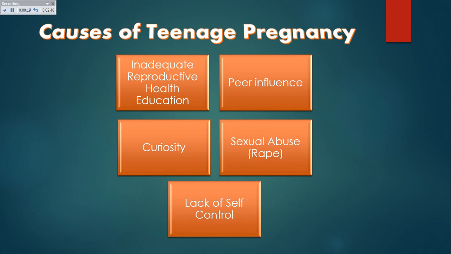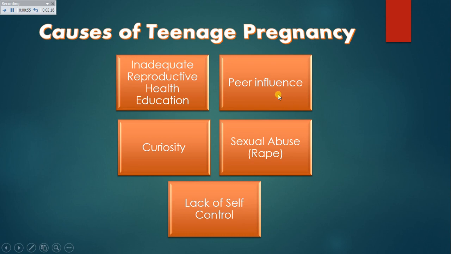You know that information is power, and therefore when they are taught, when things are explained, when they are well educated, they will certainly make the right decisions. But if they do not have the requisite information through proper channels of education, then they may be liable to becoming pregnant.